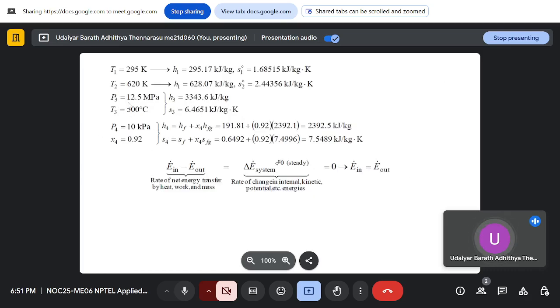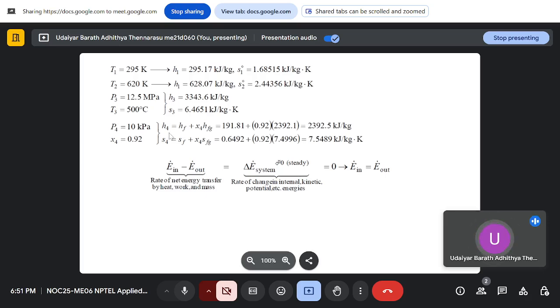P3 is 12.5 megapascal and T3 is 500 degrees Celsius. From the steam table you can find the enthalpy at the turbine inlet is 3343.6 kilojoule per kg and the entropy is 6.4651 kilojoule per kg Kelvin. The exit of the turbine is known to be at 10 kilopascal with a dryness fraction of 0.92.